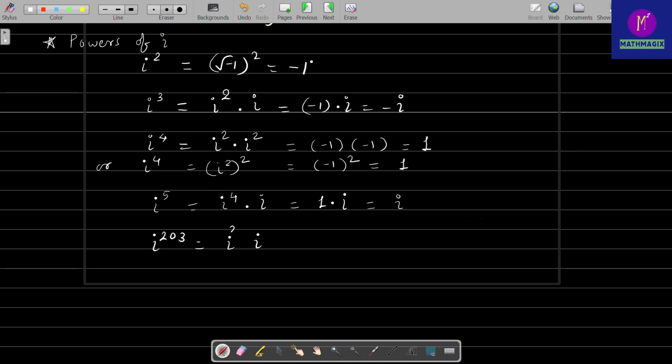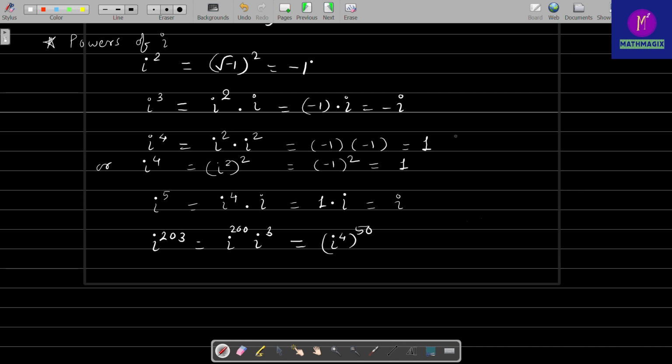So I can write 203 as i raised to 200 times i raised to 3. Obviously 200 plus 3 is 203. We know that 200 is a multiple of 4, so I can write it as i raised to 4 raised to 50.